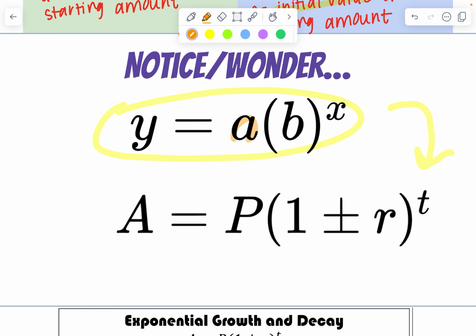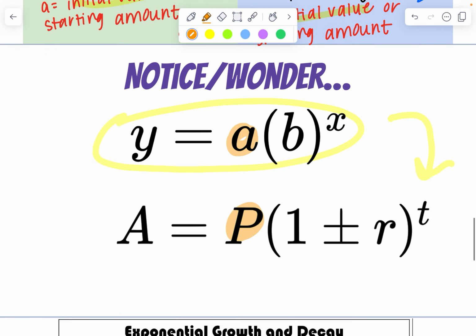Hopefully you notice that there's a number in front of the parentheses in both equations. These are going to represent the same thing. We'll talk about that in just a second. Another thing you'll probably notice is that both equations have parentheses. We know what b represents, that's our base, right?